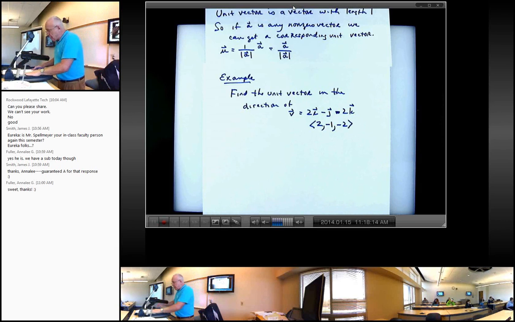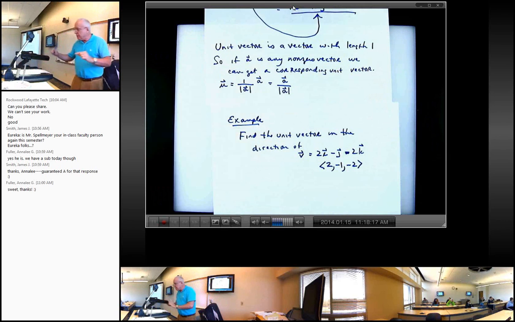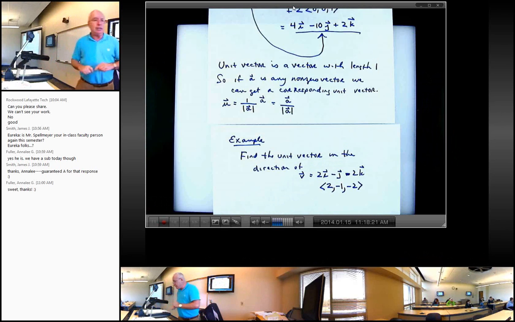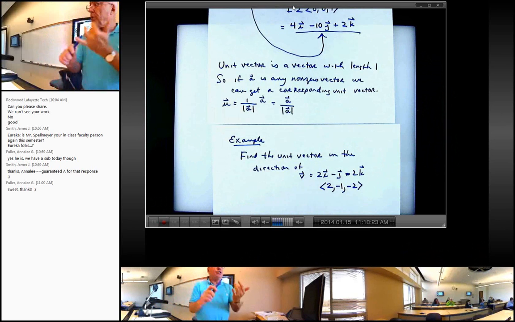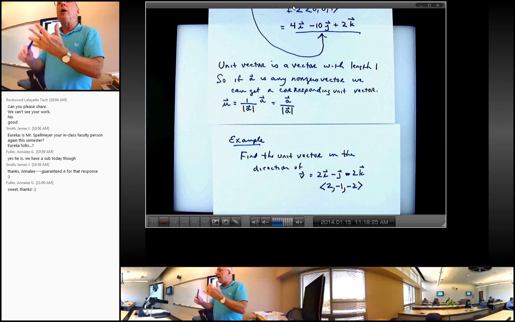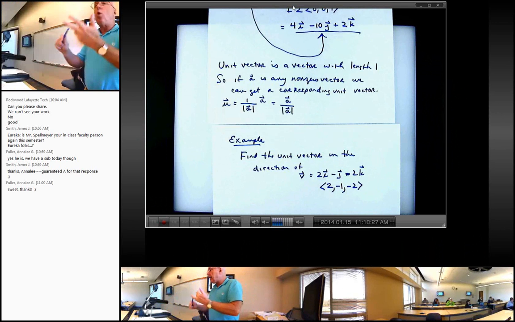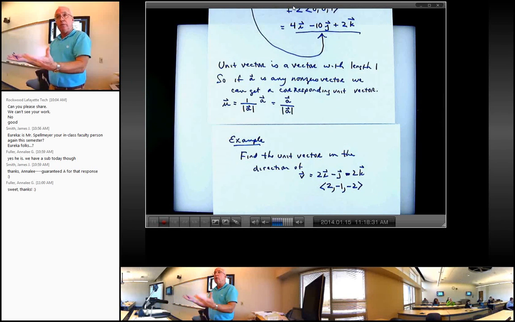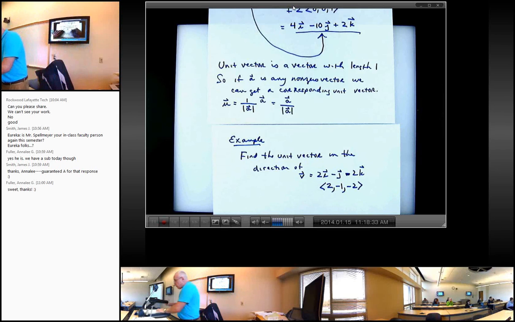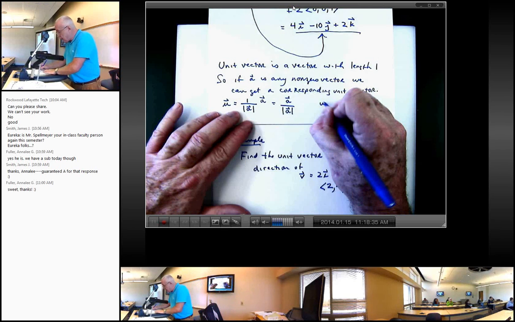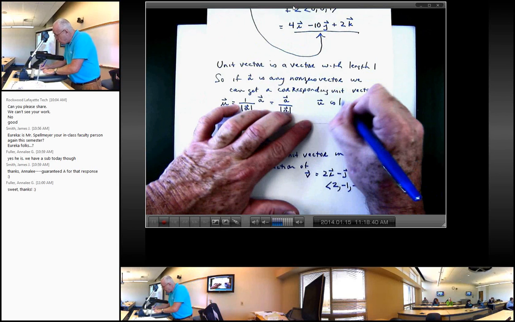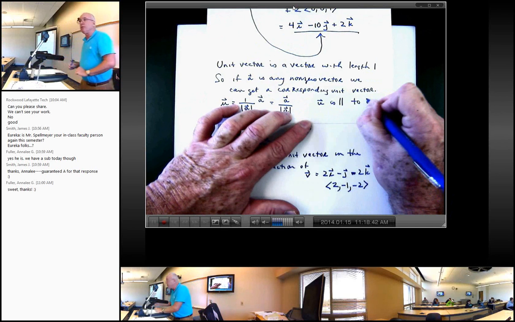Now, actually, I didn't say something previously that I want to say here. Going back to this unit vector, notice I took the original vector and multiplied it by 1 over its size. So I multiplied it by a real number. So therefore, this unit vector is parallel to the original vector.